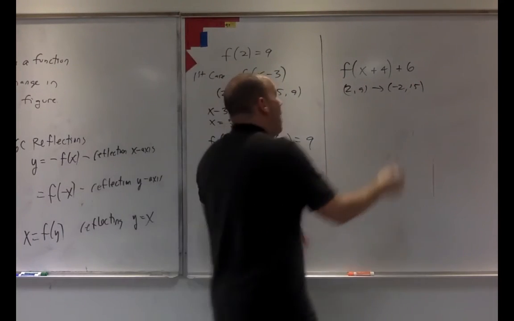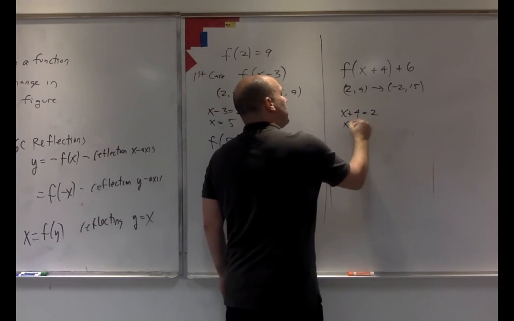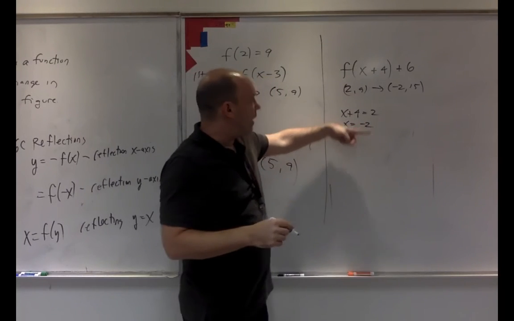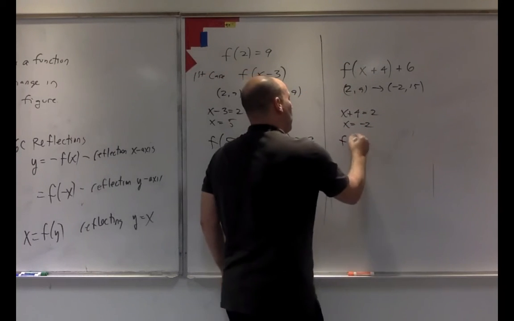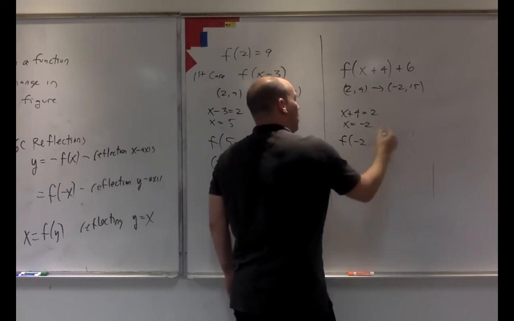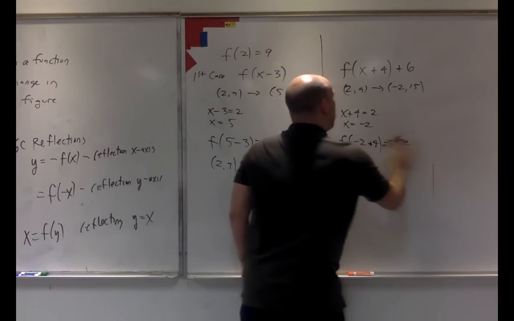So once again, let's have x plus 4 equal to 2. That means x equals negative 2. If I plug my negative 2 in there, I get f of 2, plus 6.